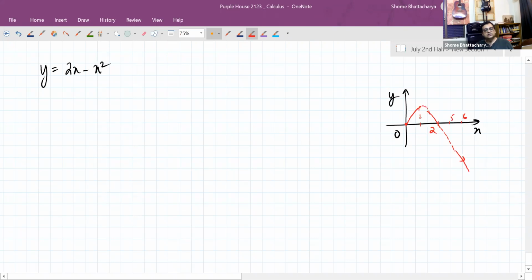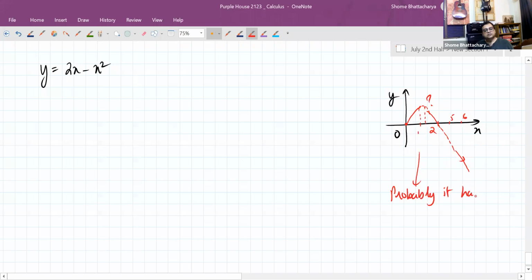So we are trying to reconstruct. We understand that somewhere in between here, it must have reached a peak. We don't know where it has reached the peak, so this is where it's going to help us. This is our function. So far what we have understood is that it must have some kind of a maxima somewhere between 1 and 2.